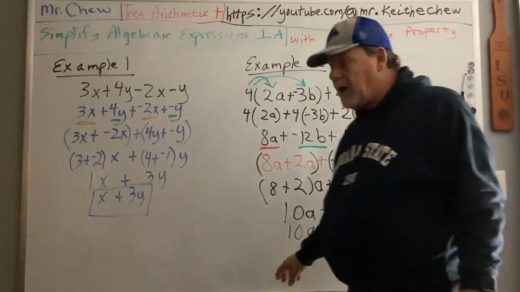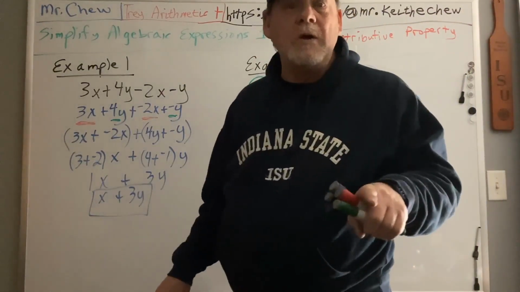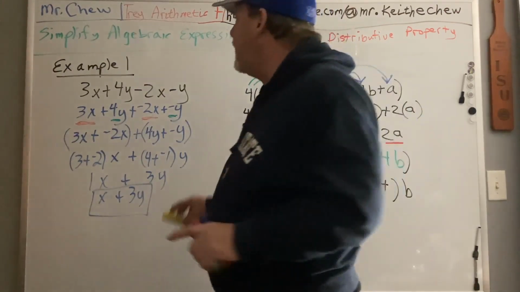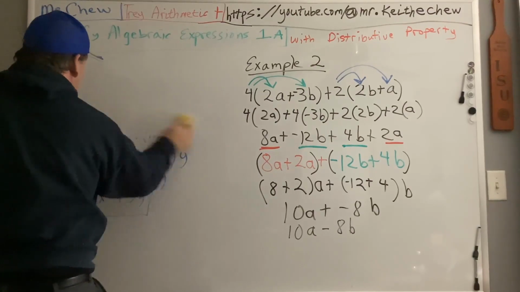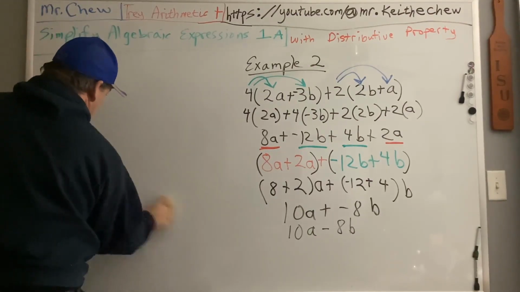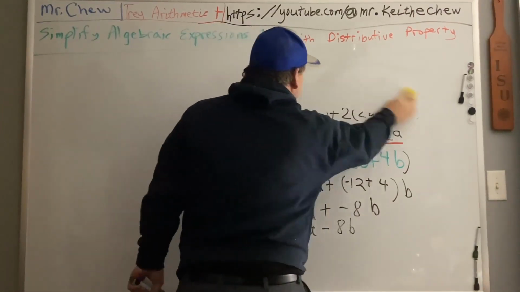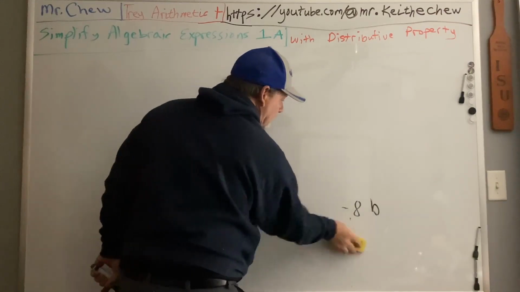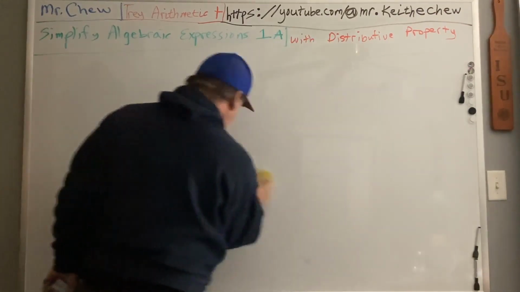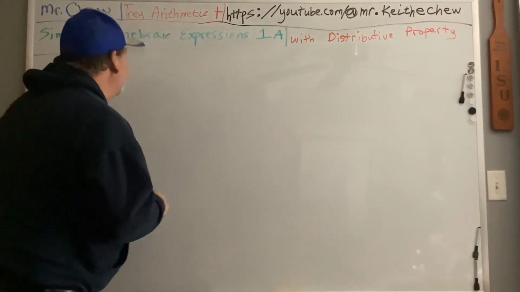Now I'm going to give you a couple of challenge problems for you to work on your own with a link for you to check them. So let me just erase this. And I'll write the two challenge problems down here.